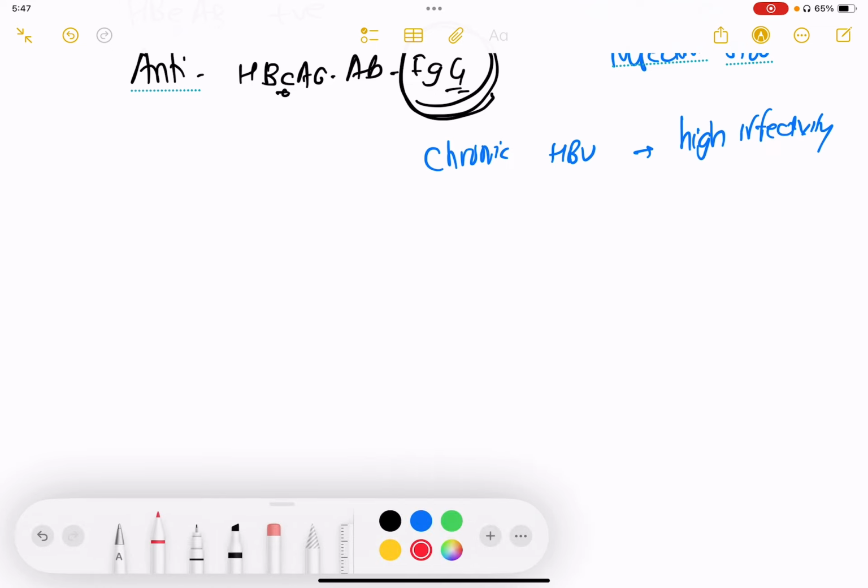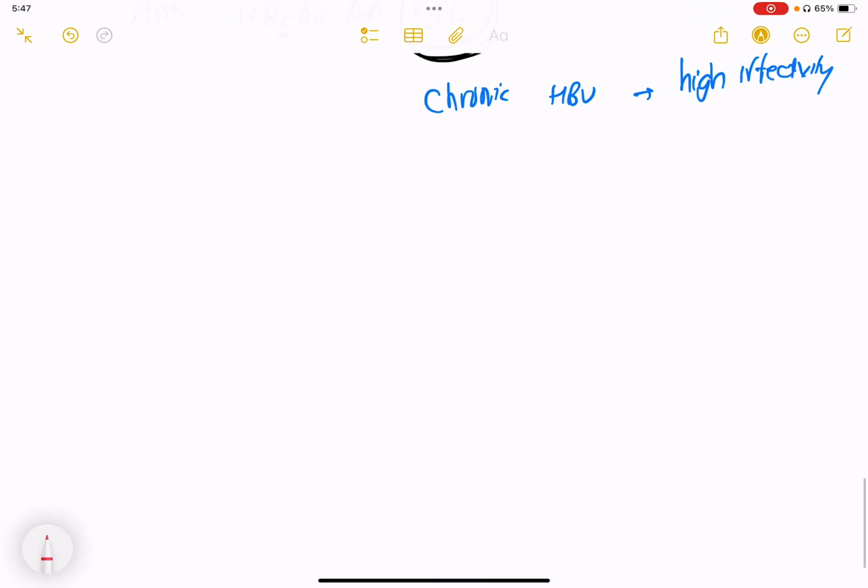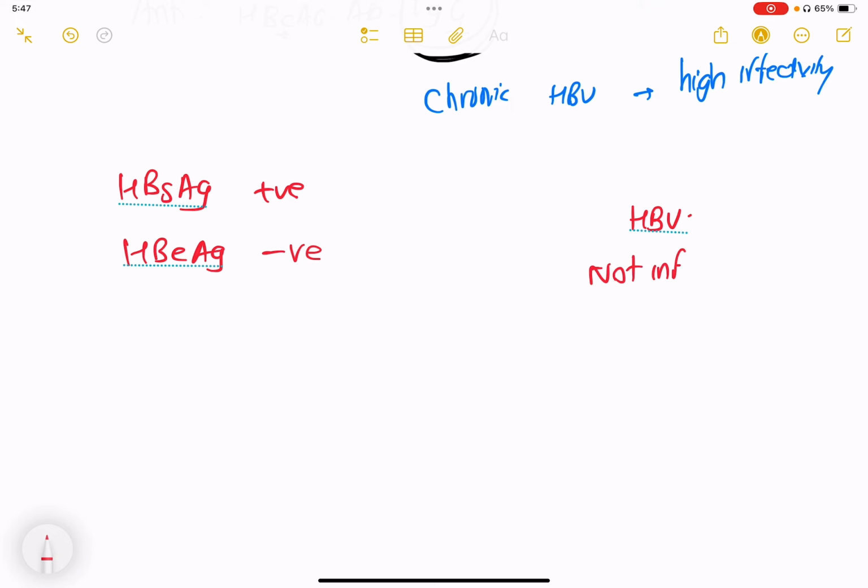This is the meaning of this. The third scenario, which we very commonly get, is suppose someone has hepatitis B surface antigen positive, means infection is there. Second thing, hepatitis B E antigen is negative, means automatically the patient will not be infective.